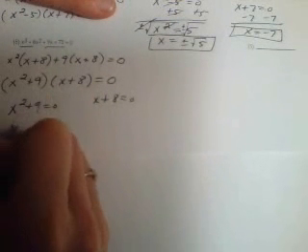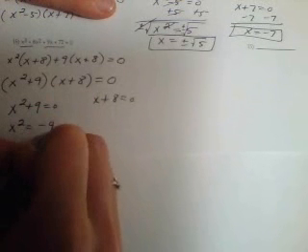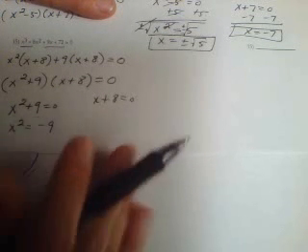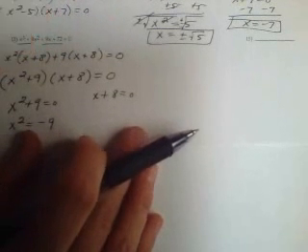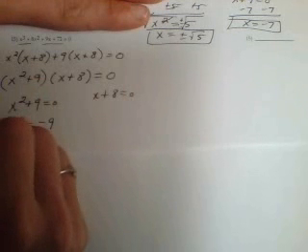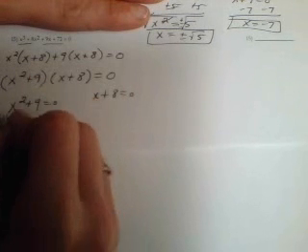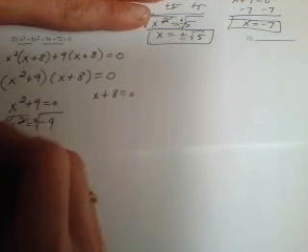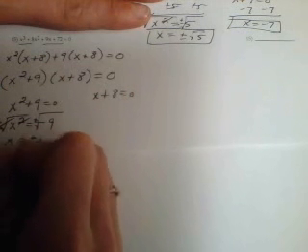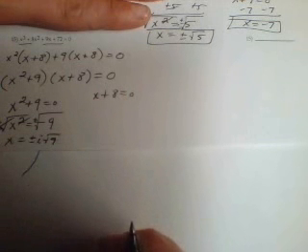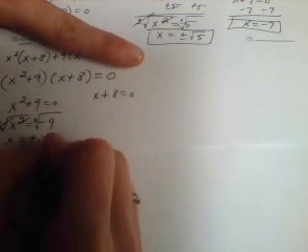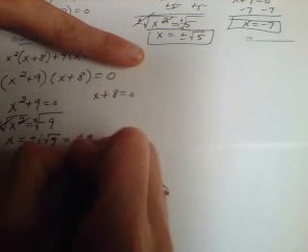Solving for x squared over here, I get x squared is equal to negative 9. Now remember, I can't factor that piece, the x squared minus 9, because that's not the difference of perfect squares. There's a plus in between. So I have to move the 9 over and then do the square root. So here I get x is equal to plus or minus the square root of negative 9, which is the same thing as plus or minus 3i.